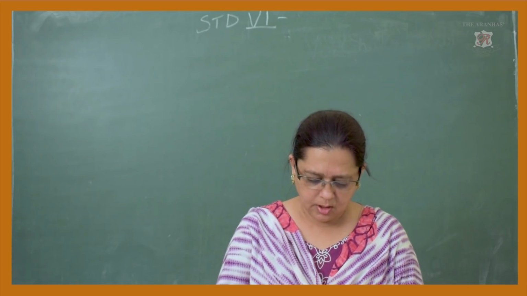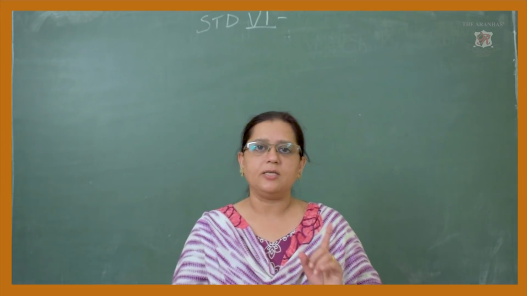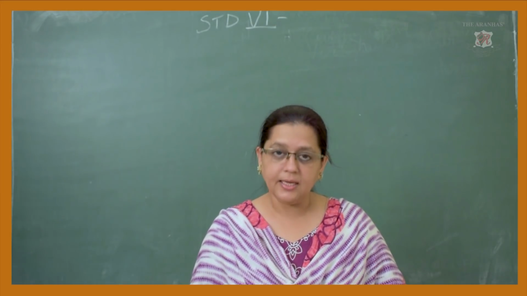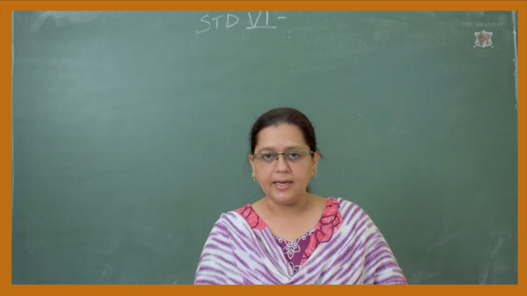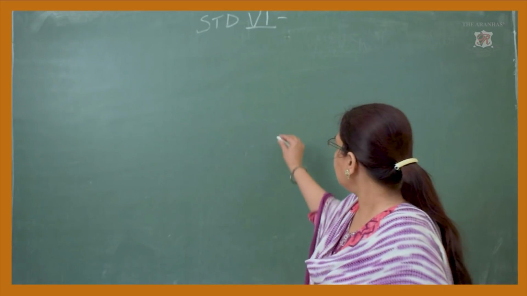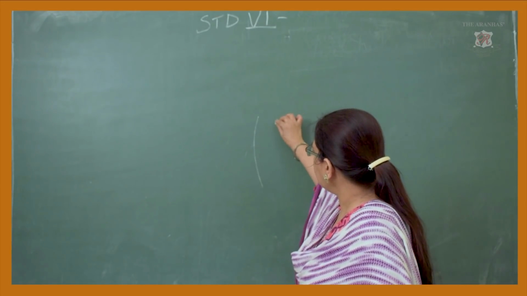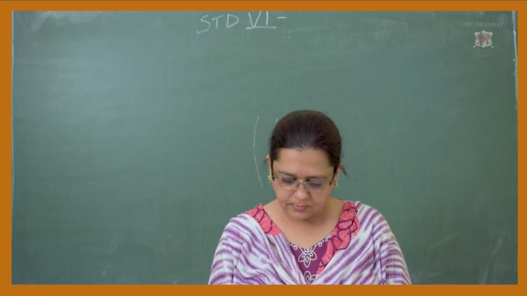What is latitude? The horizontal lines on the globe are called latitudes. Now what is longitude? The vertical lines on the globe are called longitudes.